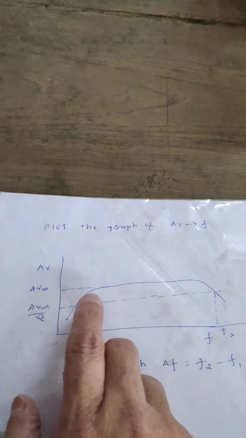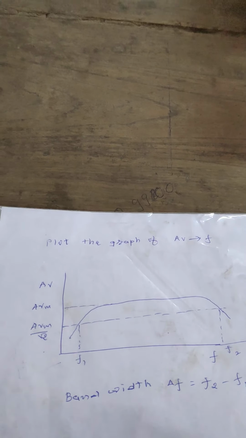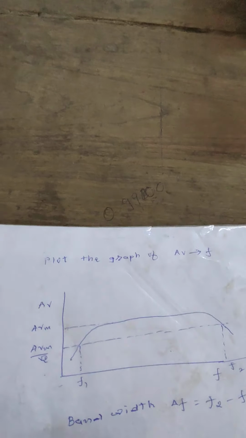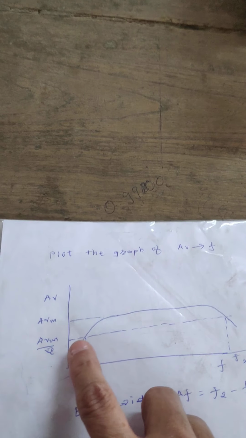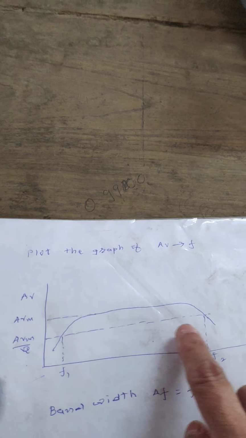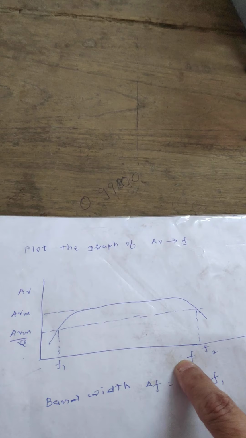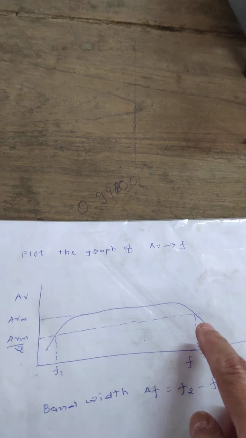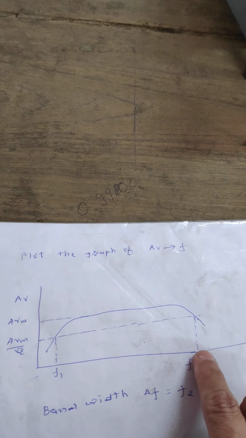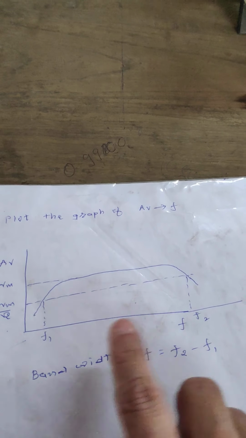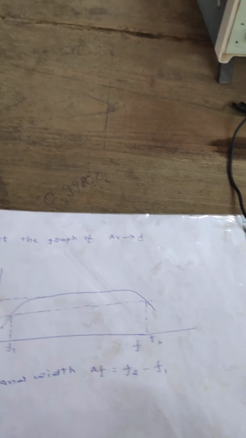What you have to do is find out the maximum gain divided by √2. You will get some value over here. Draw a line parallel to the x-axis. It will intersect the graph at 2 points F1 and F2, and the difference F2 minus F1 is the bandwidth.